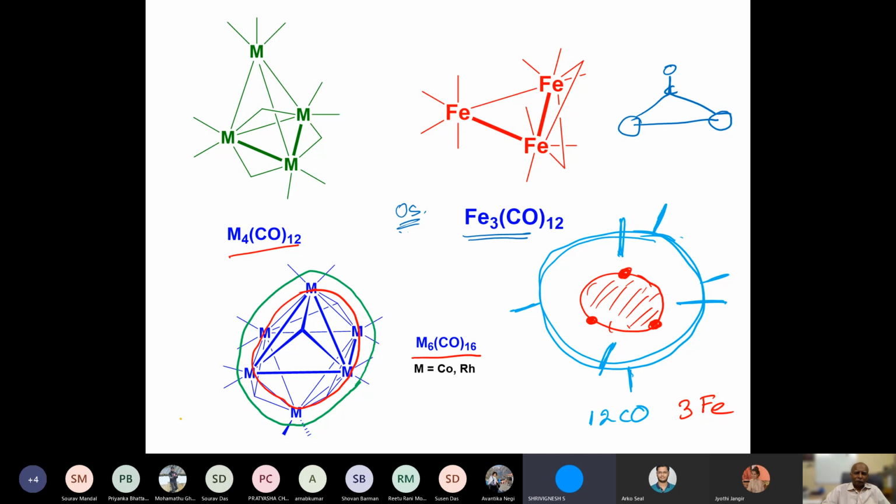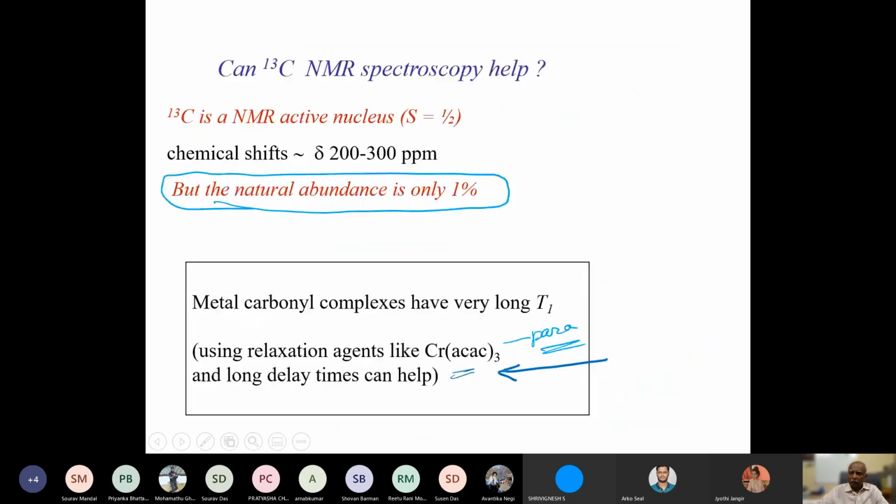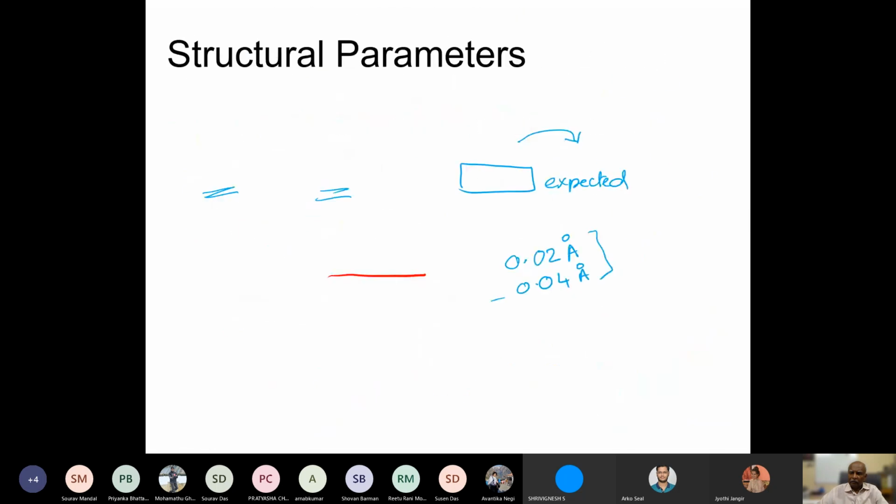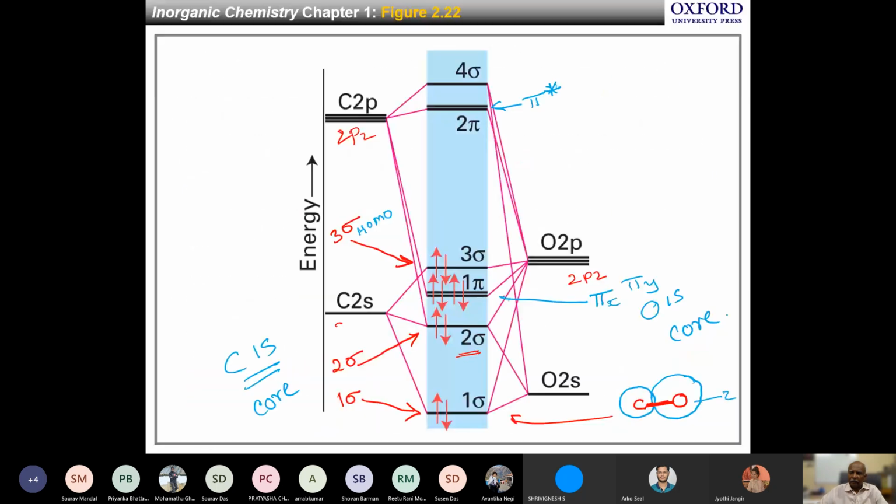Yes. We have not explained everything about carbon monoxide. The last factor that I told you about is the charge effect. I think I mentioned this towards the end.